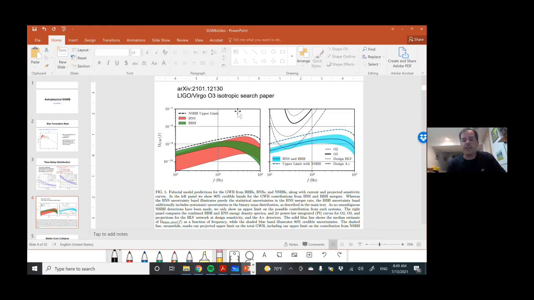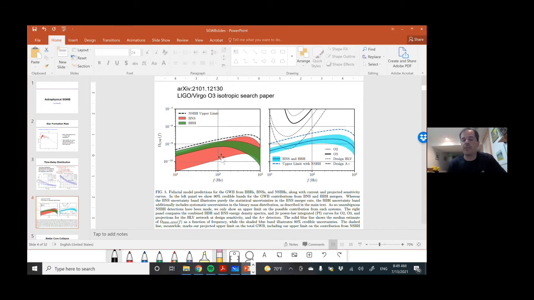On the left-hand side, what you see is there are 2 bands here. The darker one corresponds to the binary black holes, the lighter one to binary neutron stars. You see that in this low frequency region, so below 100 hertz or so, both bands increase roughly, or follow roughly, the f to the power 2/3 law.